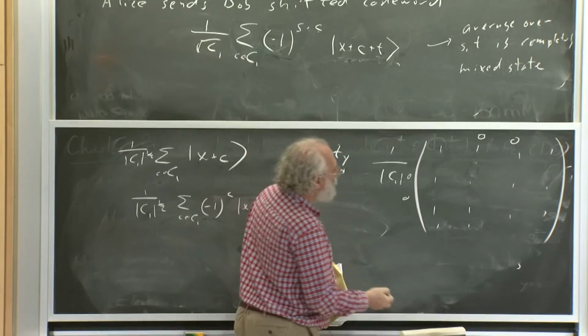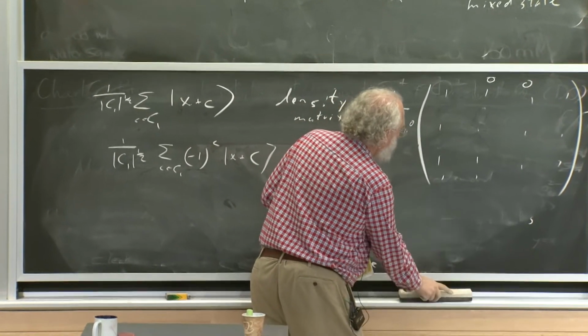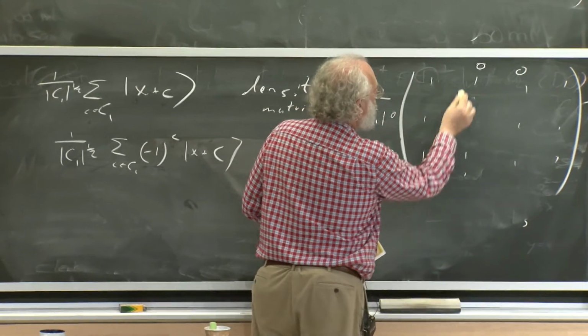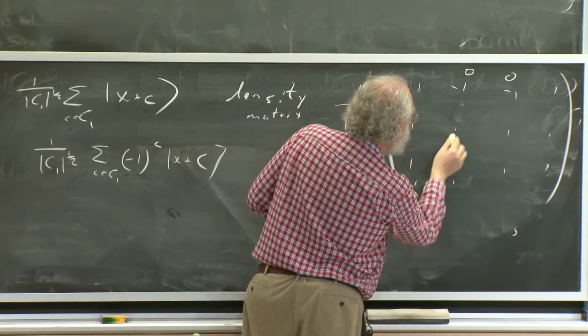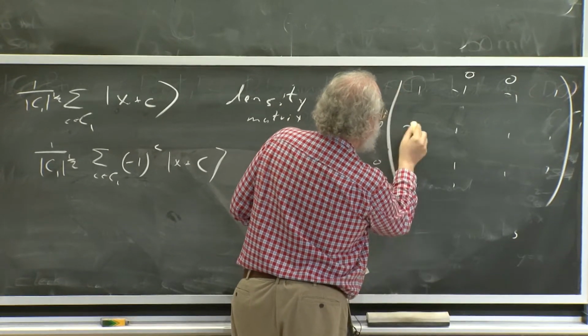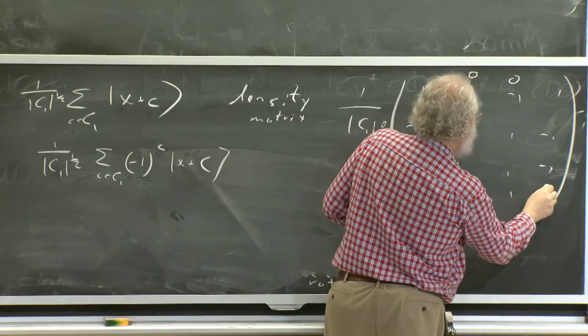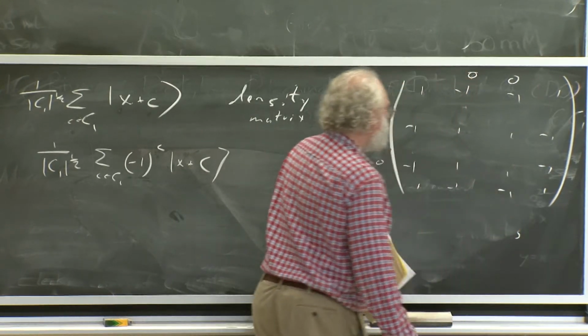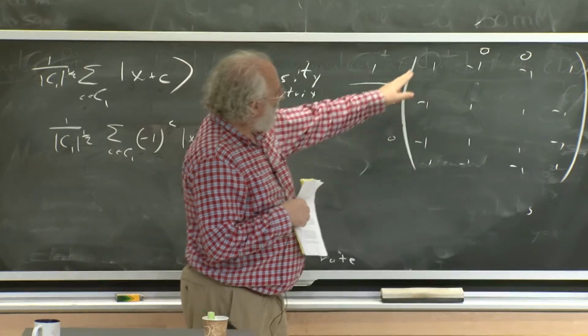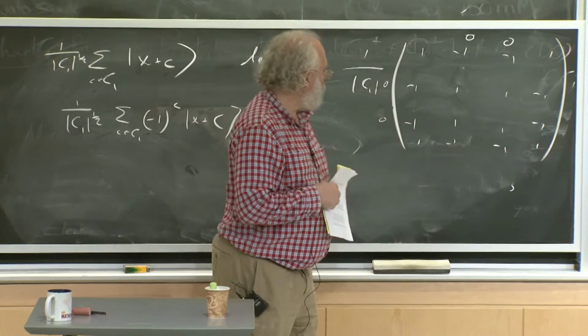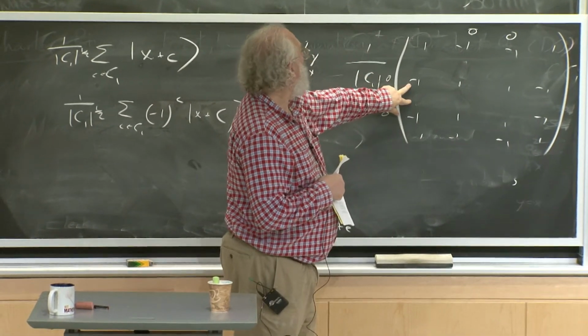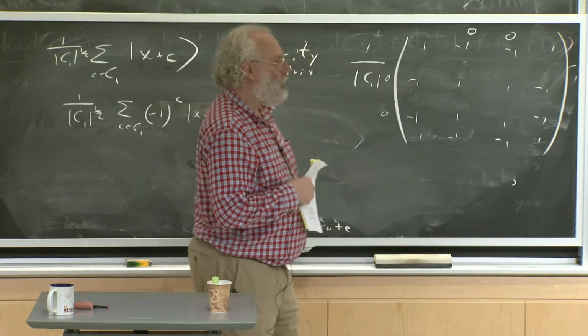And in fact, it's the same rows as columns. So what happens when you do that? Well, you get a minus 1 here, and a minus 1 here, and here, and here. So the diagonal elements all stay 1s, and the off-diagonal elements, some of them turn to minus 1s.